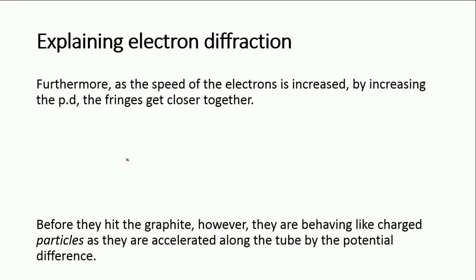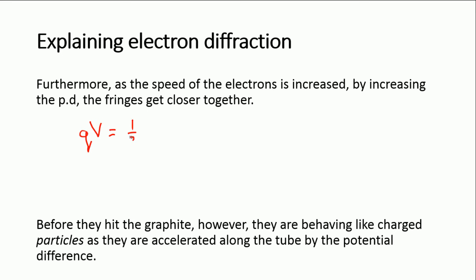Now it gets even stranger because if you increase the accelerating voltage, you will actually speed the electrons up, and the distance between the fringes, i.e. the fringe width, will change. When the electrons are going faster, the fringes will get closer together. If you think about how that works, we've got energy conservation.